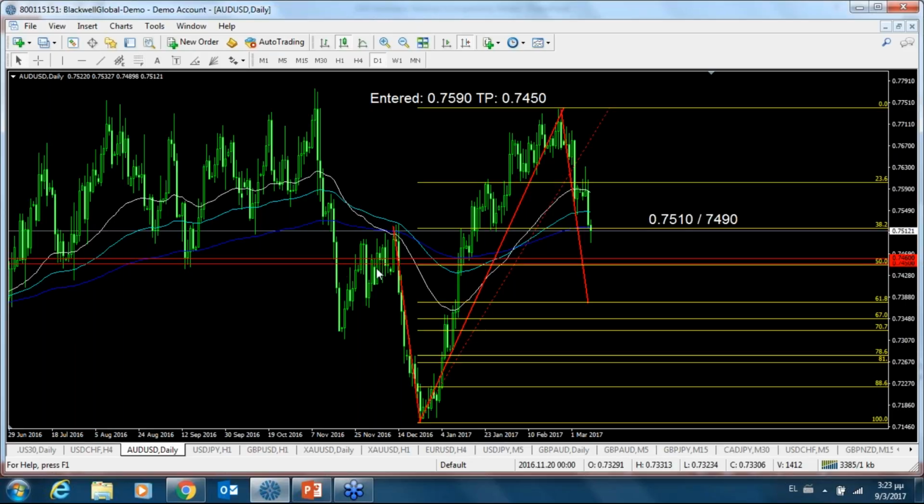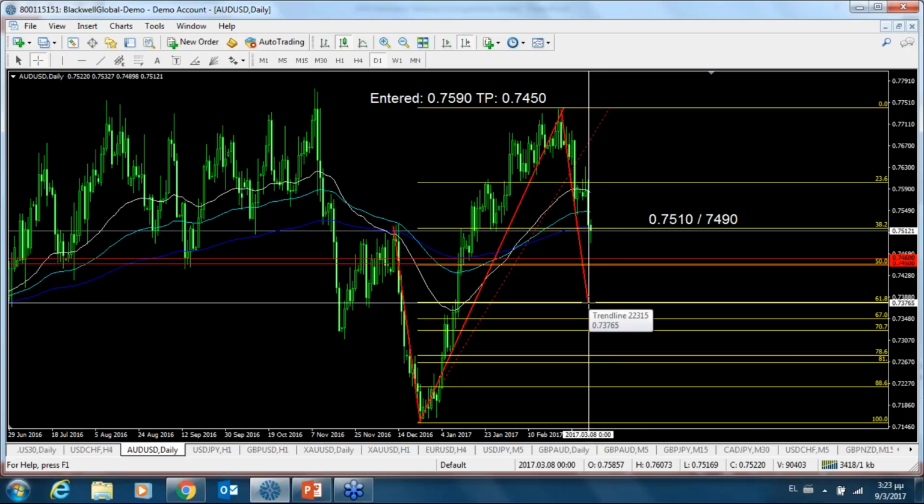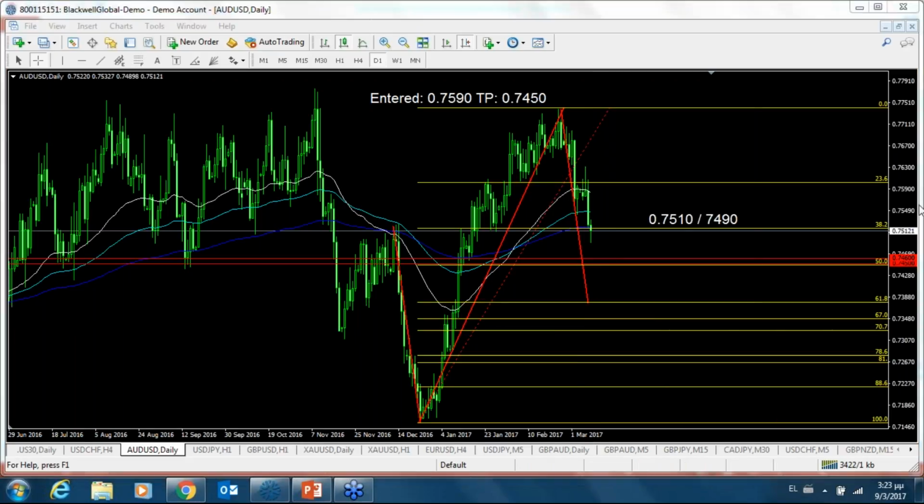So that does give a little bit more room for it to come down, but a high probability of prices bouncing up again at this area where I've drawn the horizontal red line at 7450. If at all it goes under 7450, only then it may come down to this area marked by the D here.